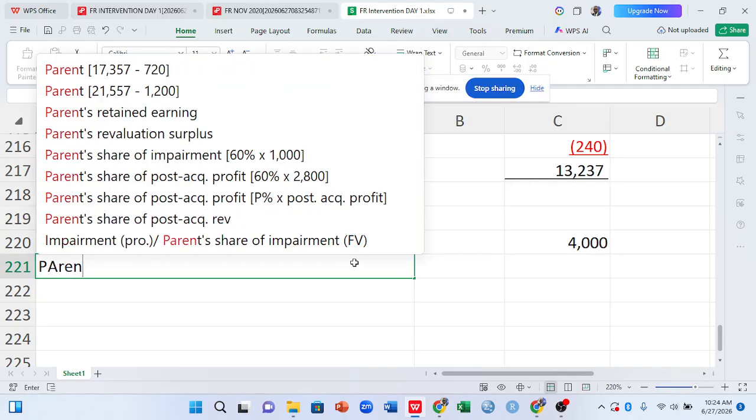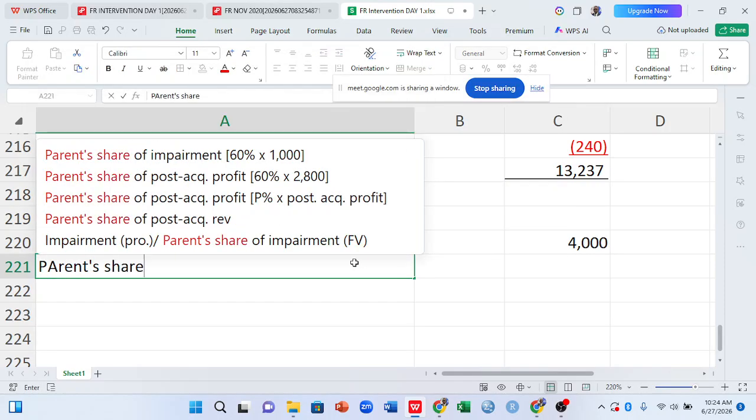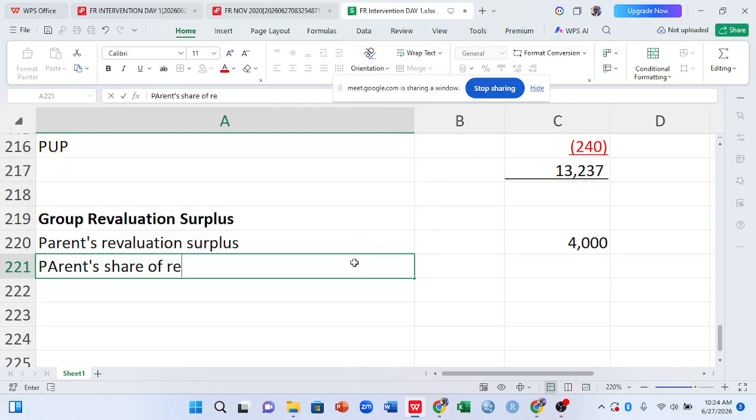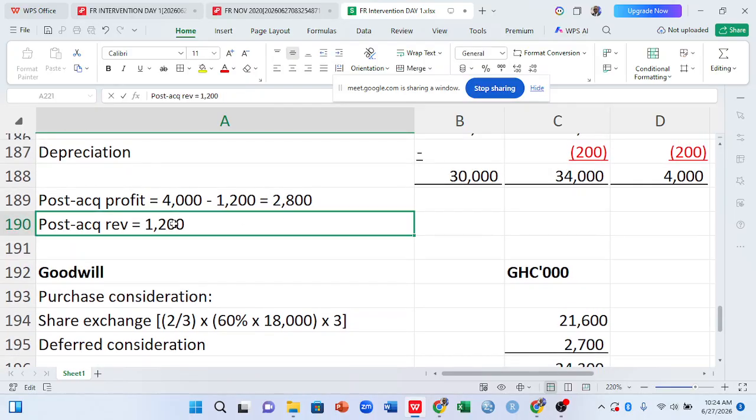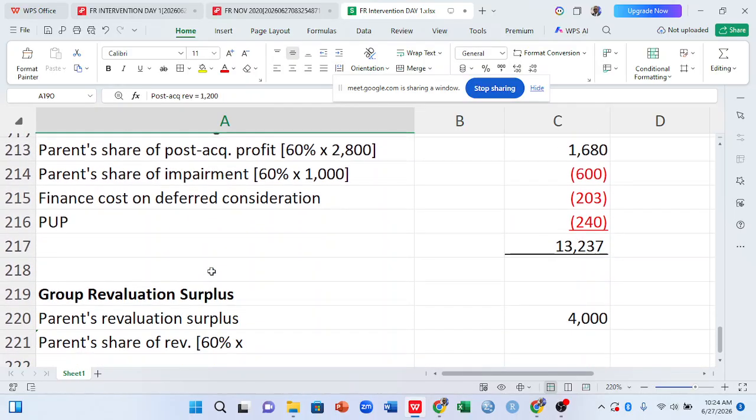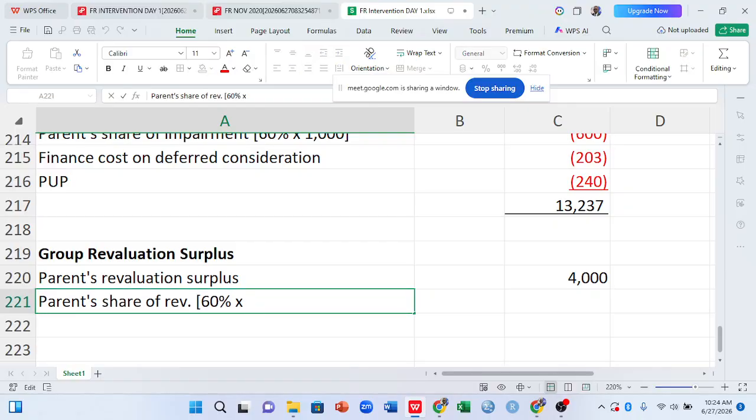Then we bring the parent share of the revaluation. Parent's percentage is 60%. And then post acquisition revaluation, we had 1,002. So you bring it there, 1,002.